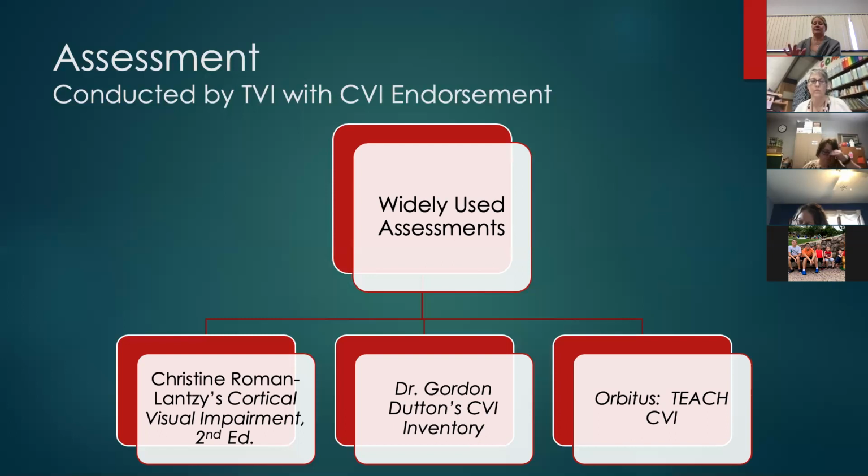I think generally they all mean the same thing. She just maybe has a narrower view on it, but she also has the most developed assessment tool available. Then there's Dr. Gordon, whose video clips we've seen a lot of, with the CVI Inventory screening tool, and then Orbit's Teach CVI, which is also a screening tool.